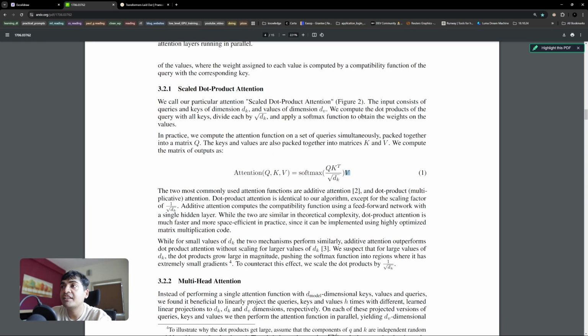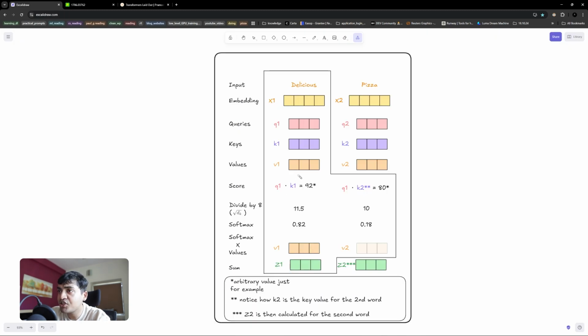So first I need to calculate the score. This is called the score, and I apologize, this should be K transpose. So Q1 multiplied by K1 gives me a score of 92. This is just an arbitrary value and not an actual value. It can be anything. I also need to multiply Q1 by K2.